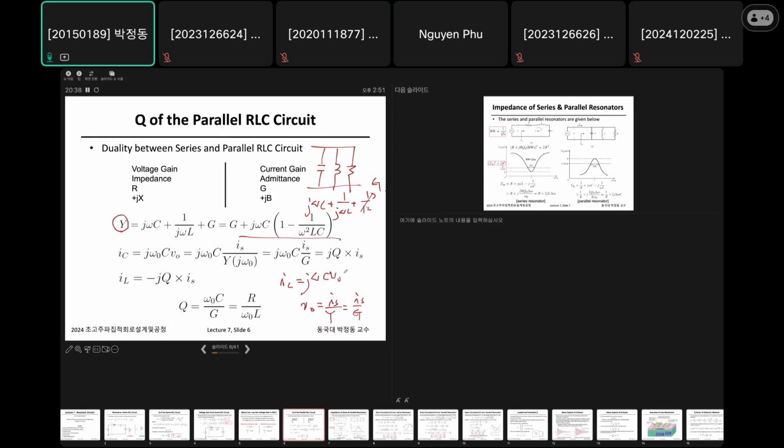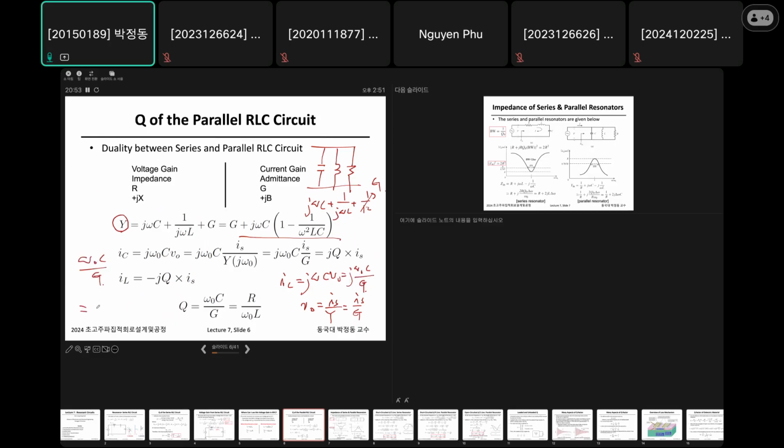Therefore, it becomes j omega 0 C, and this becomes a G, right? So here, as you can see, this is omega 0 C over G, okay?